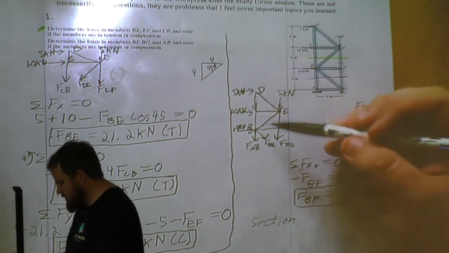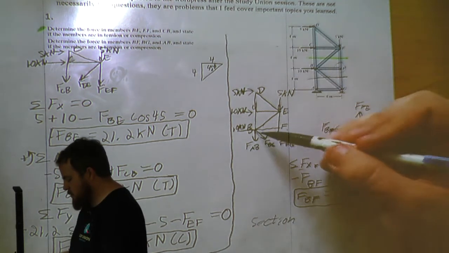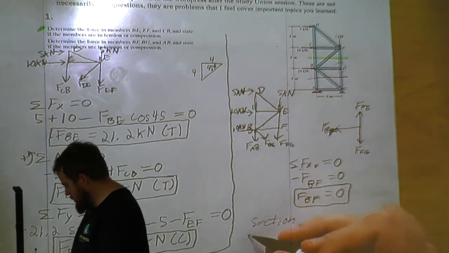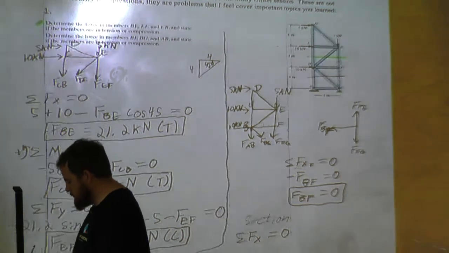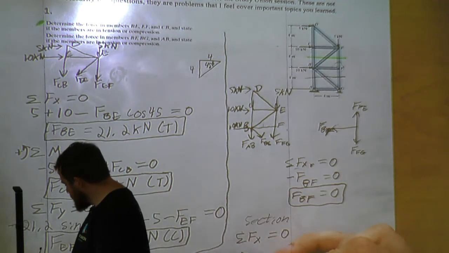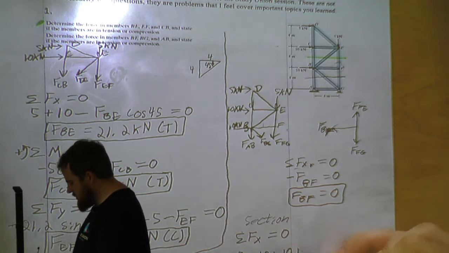So using our section, we're again going to find the one thing in the x direction, because I think that's the easiest to find. So let's do sum of the forces in x equals 0. So we have the 5 at the top, plus the 10, plus the other 10, and then plus FBG.